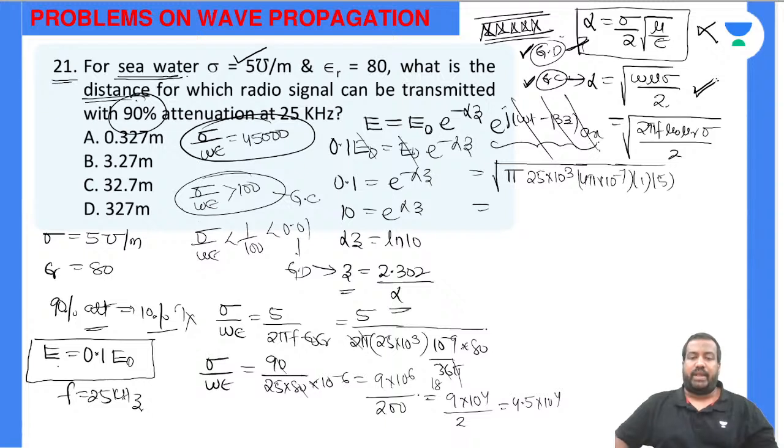Solve that under root and tell me. Solving this, you'll get 0.7024.